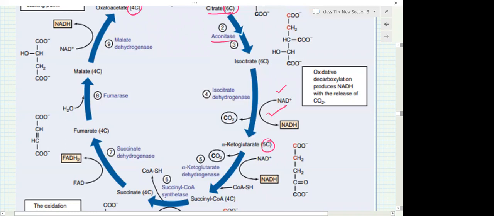This is an oxidative decarboxylation. What is the meaning of oxidative decarboxylation? Why do you call it oxidative decarboxylation? Name any step in the Krebs cycle where oxidative decarboxylation takes place.